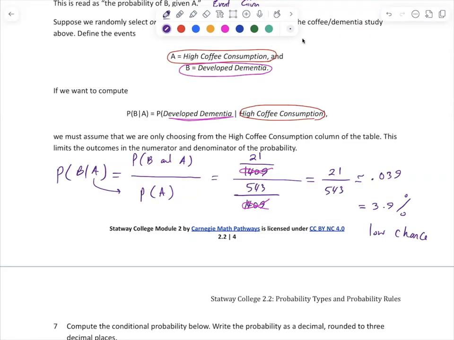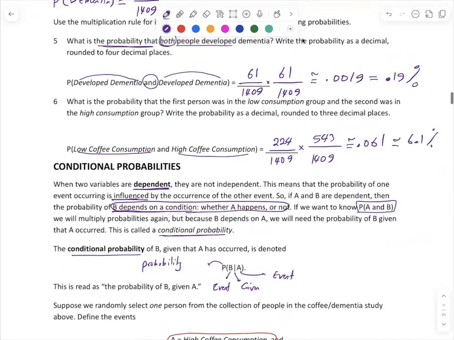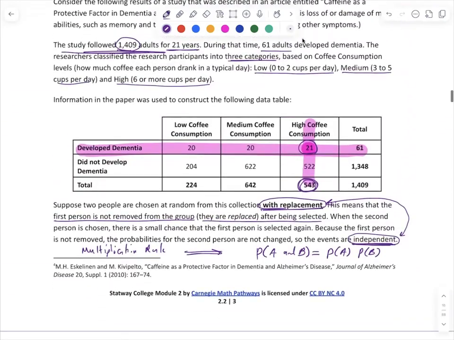Now my question for you is, what is the probability that a person developed dementia given that the person is in the low coffee consumption group? I want you to answer this poll based on the table that we have.